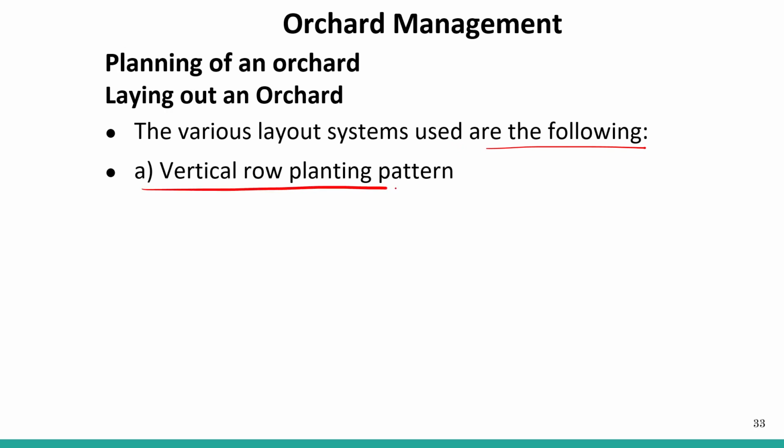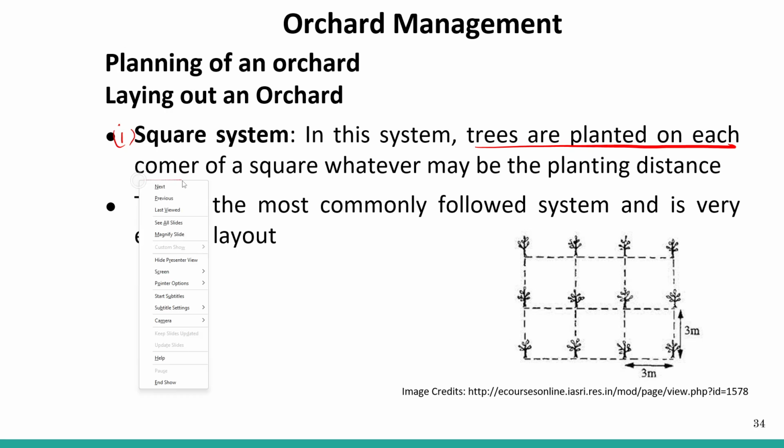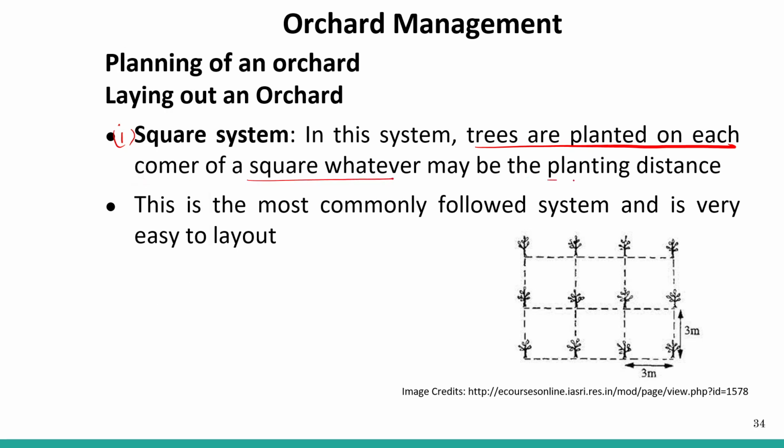First one is the vertical row planting pattern. In this, the first type is the square system. In this system, trees are planted on each corner of a square, whatever may be the planting distance. You can see this is a square like this, 3 meter by 3 meter. This is the most commonly followed system and it is very easy to lay out.